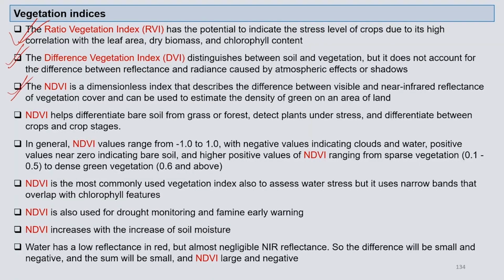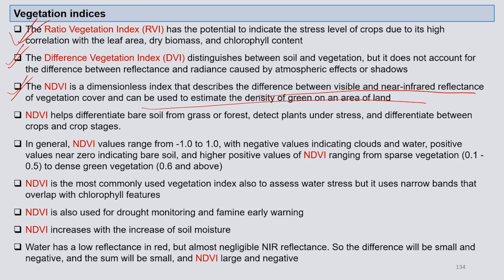NDVI is a dimensionless index, okay, and it describes the difference between the visible and near infrared reflectance of vegetation cover, and NDVI can be used to estimate the density of green area on any place.